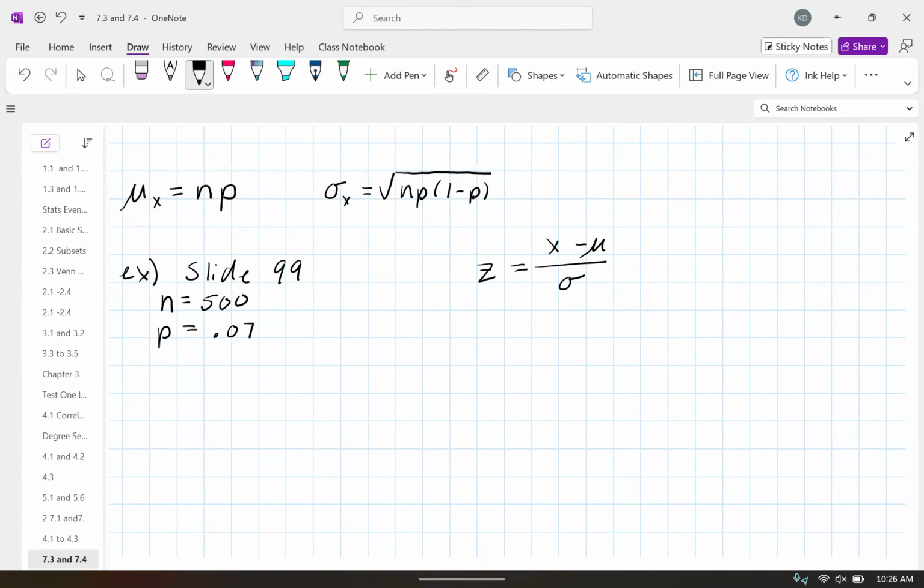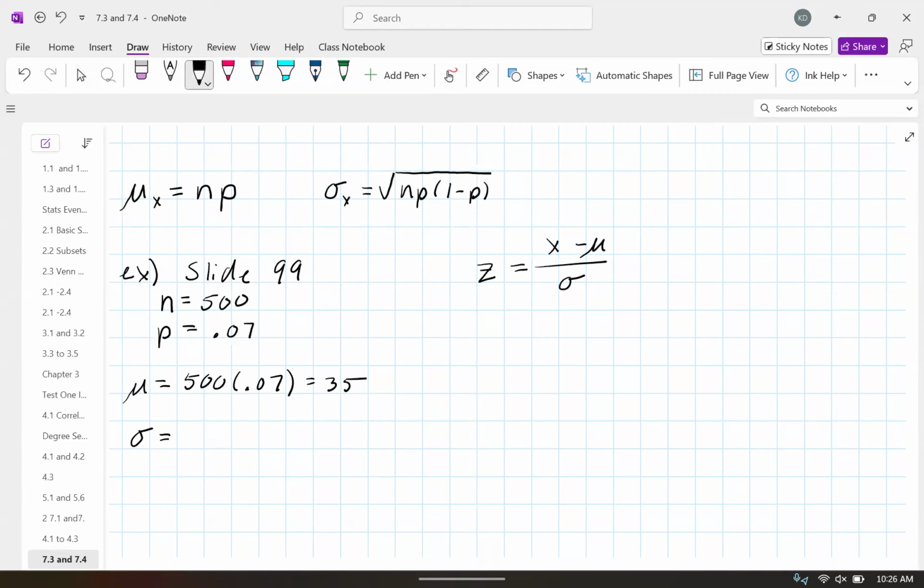It's the same formula, we're just changing the letters a little bit. So we can find our mu fairly easily. 500 times 0.07, that gives me 35.